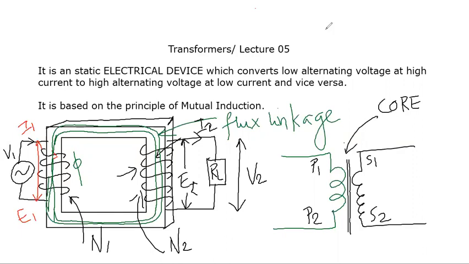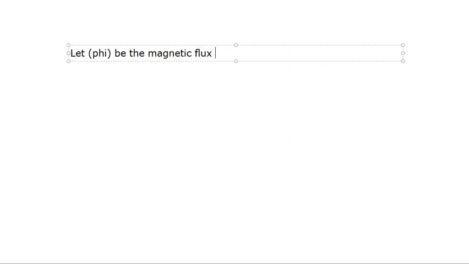So let us get into the initial derivation of this. Let phi be the magnetic flux linked per turn with both the coils at a certain instant t.